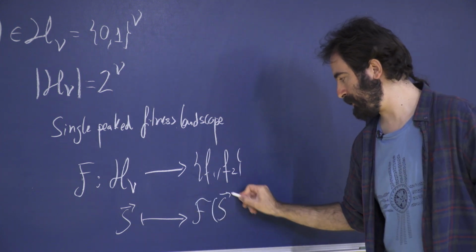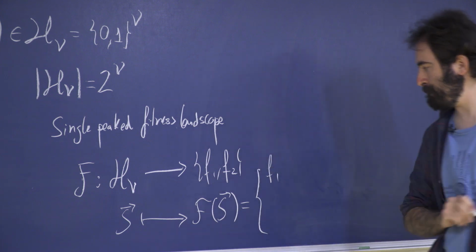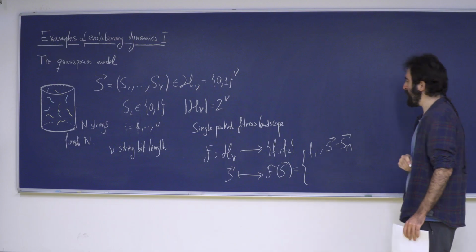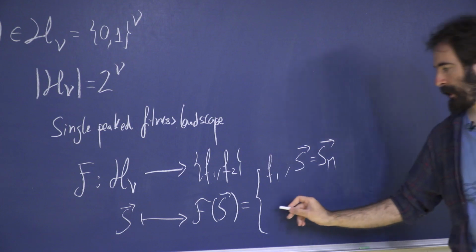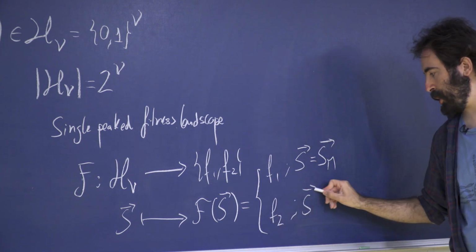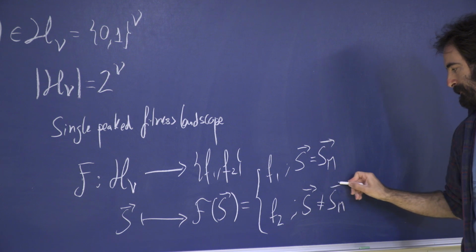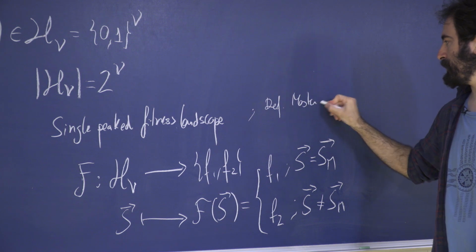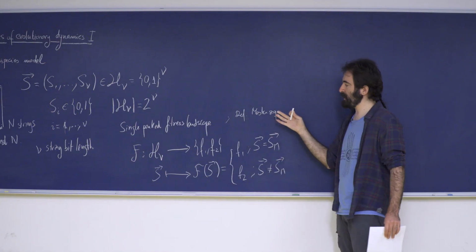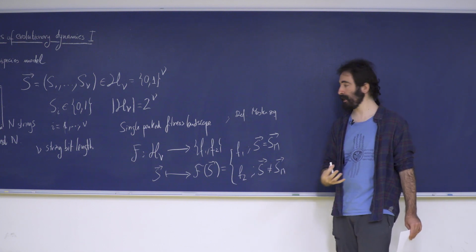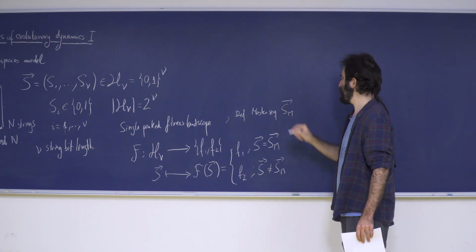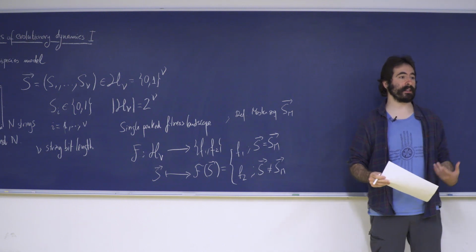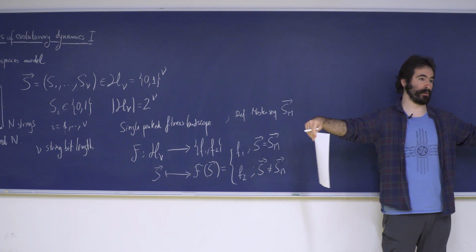The fitness function of that string will give us f1 if and only if this string is what we'll now call the master sequence, and it's going to be f2 if it's not the master sequence. Here we have a definition of the master sequence, which stems from how we have defined this fitness landscape. The master sequence we just name S sub m. For example, without loss of generality, we could say that this master sequence is the one that contains all zeros in the bit string.